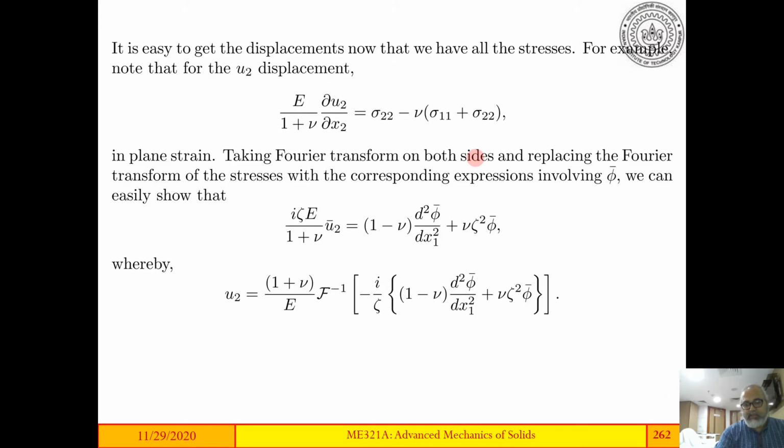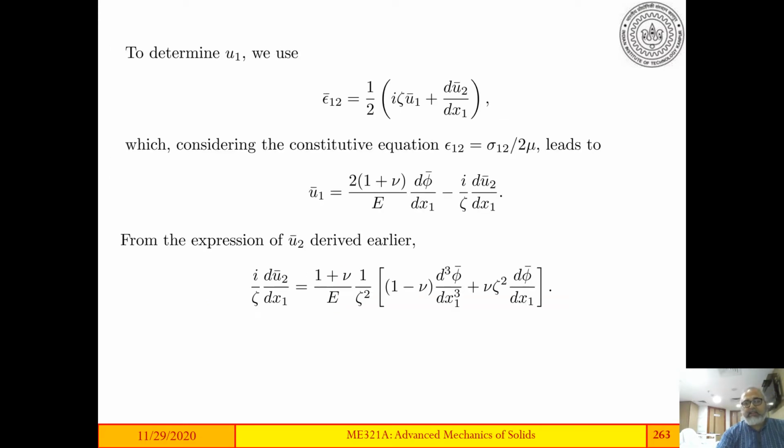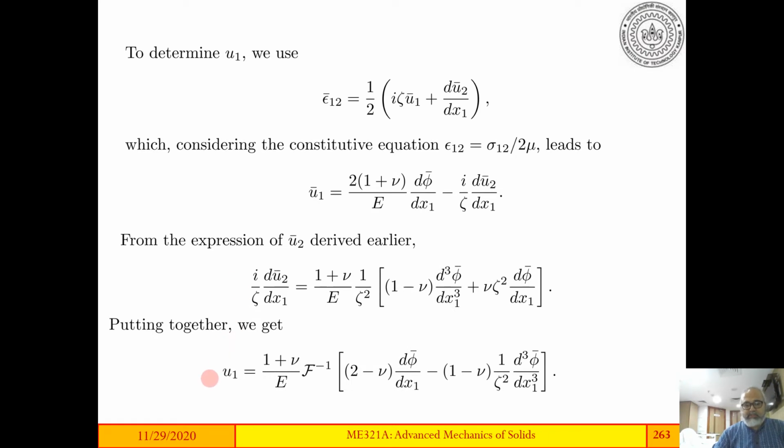Displacements in the same way. So I have the phi bar here, so I'll get u2 from this expression. This is an integral, remember, 1 by 2 pi times minus infinity to infinity, that kind of an integral. And then for u1, I will use this expression. Again, this is an integral.